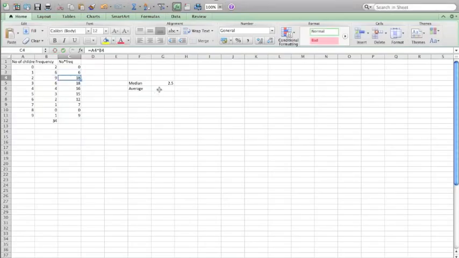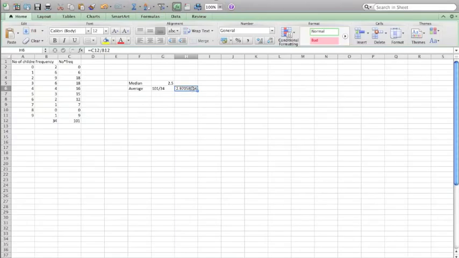Then the average is equal to the sum of all those bits divided by the frequency. So it's 101 divided by 34. And I'm just going to write that down, 101 divided by 34. Okay? And then I have to work out what that means, but that's okay. I can just do it in Excel, which does it for me nicely. Okay?